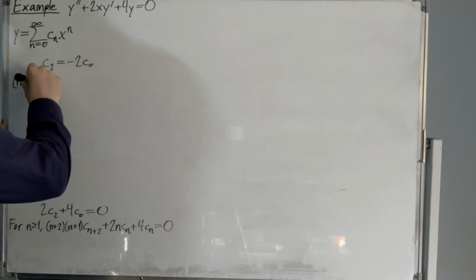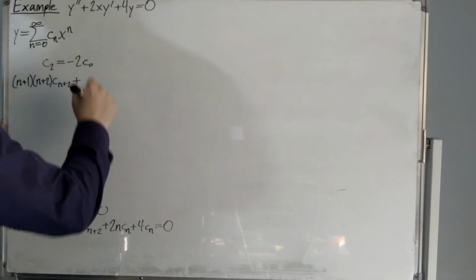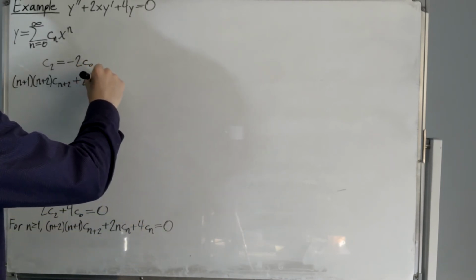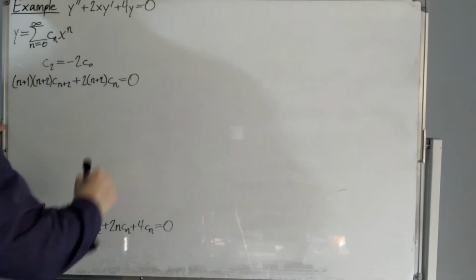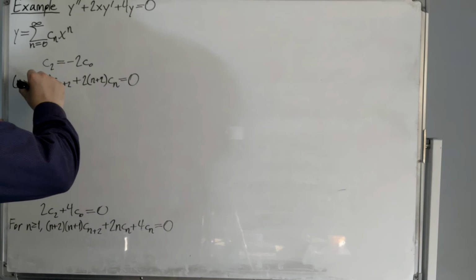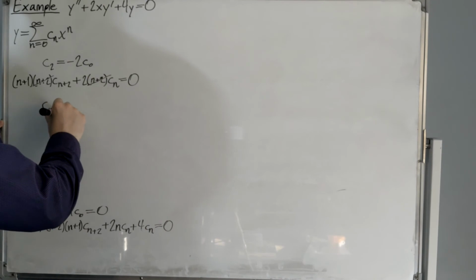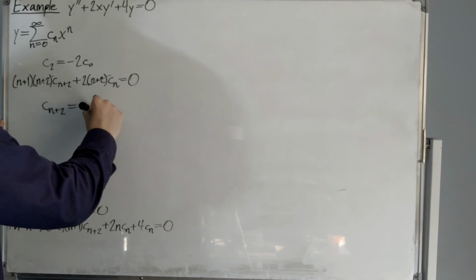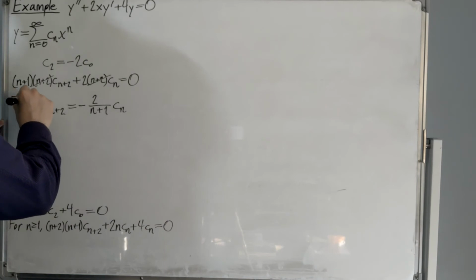So n plus 1 times n plus 2 times c n plus 2, add to this 2n plus 4, which is, by the way, 2 times n plus 2, Cn equals 0. We can cancel the n plus 2. And then what we have is C n plus 2 equals negative 2 divided by n plus 1 times Cn for n greater than or equal to 1.